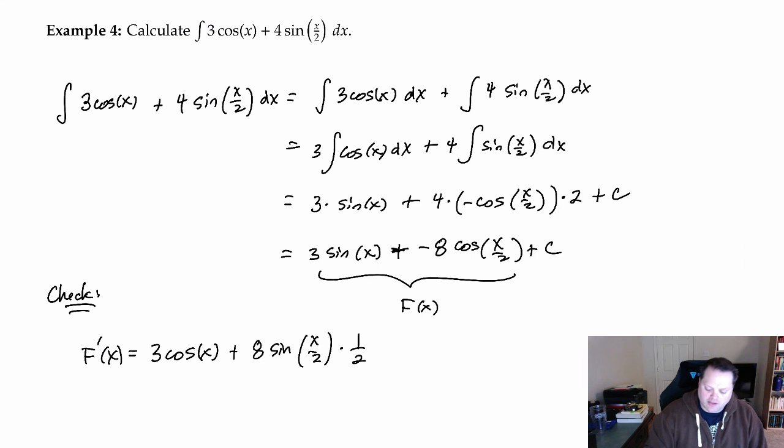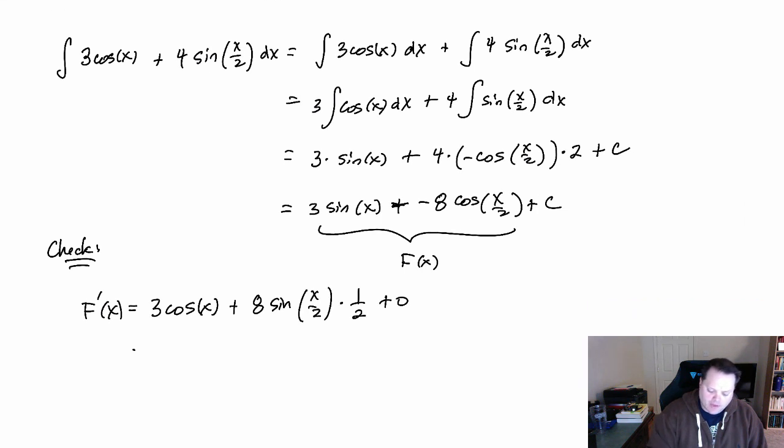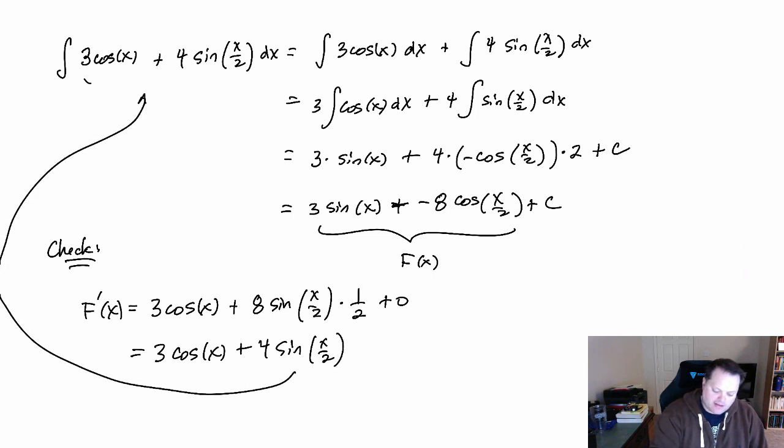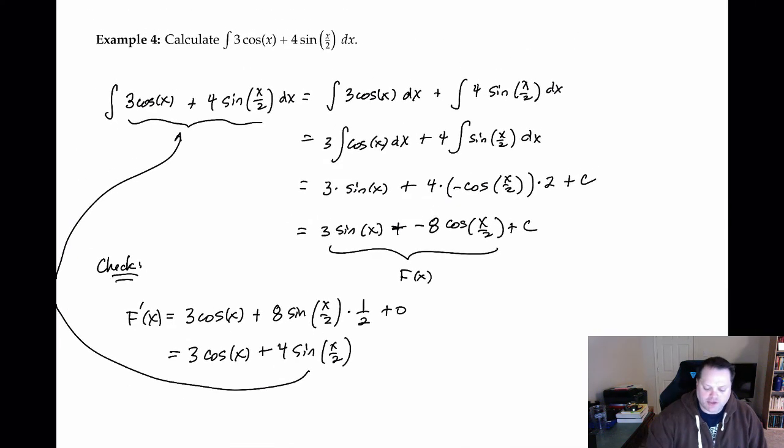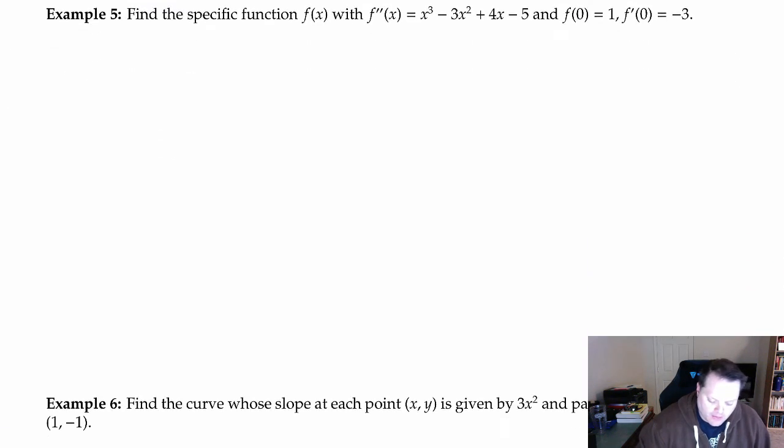The derivative of a constant c is 0. So this is 3 cosine x plus 8 divided by 2 is 4 sine of x over 2. And you notice that you get back what you started with. So that's always how you should check these problems to make sure that you have the correct antiderivatives. All right.